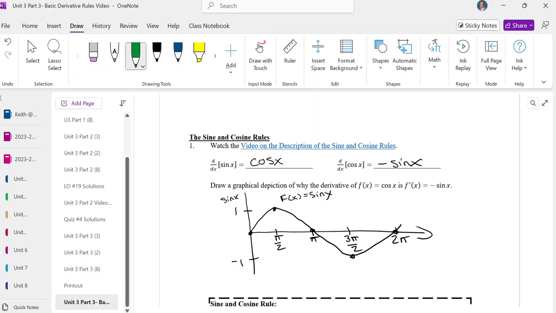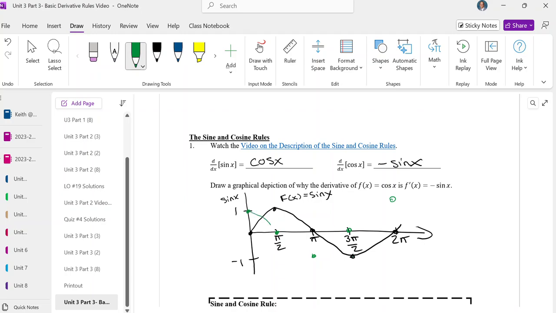If you think of the derivative, meaning the slope, notice the slope rises here, so it's positive, and then the slope here is 0, but then it's negative, negative all the way down, and then here it's 0 again, and then it goes positive.